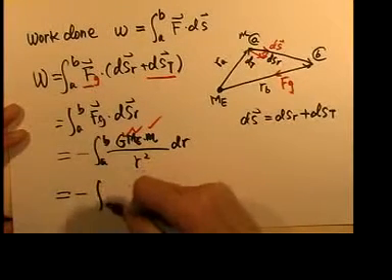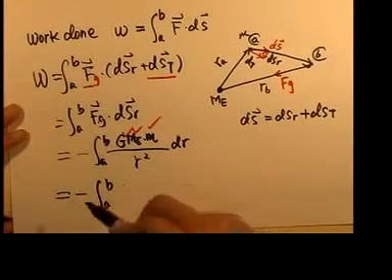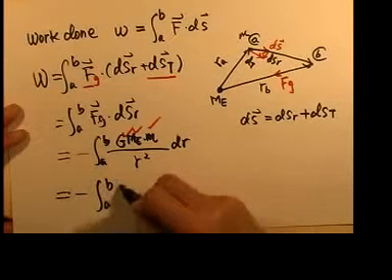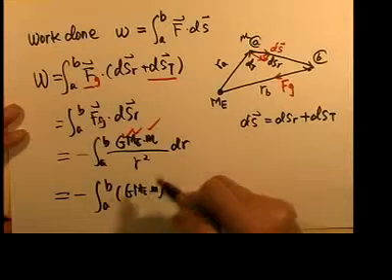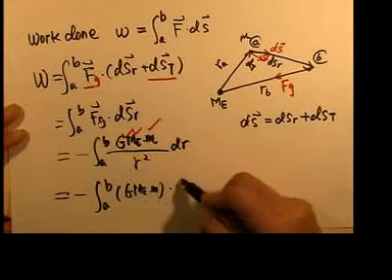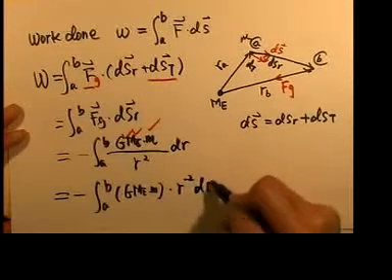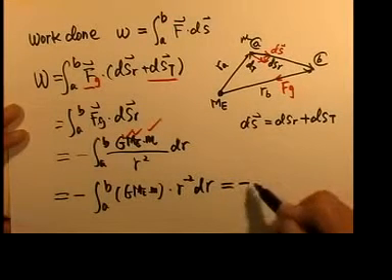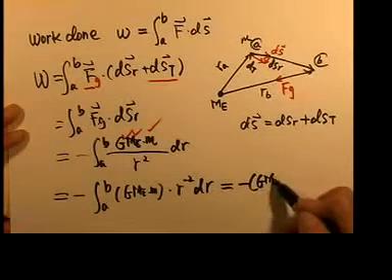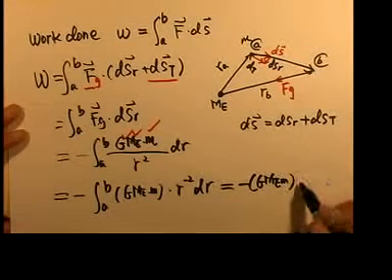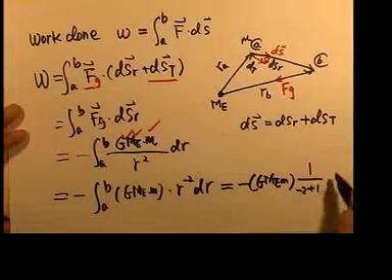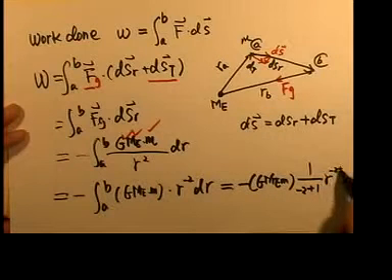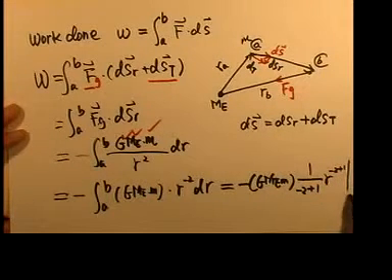As we can see, these are constants, and we can pull them out of the integral. So negative integral from a to b, we move the constant out, which is the combination of constants right there. Then divide by r squared, which is r to the negative 2, dr. So the result is negative of the constant, and the integral of this will be negative 2 plus 1 as the denominator, and r to the negative 2 plus 1, from r of initial to r of final.